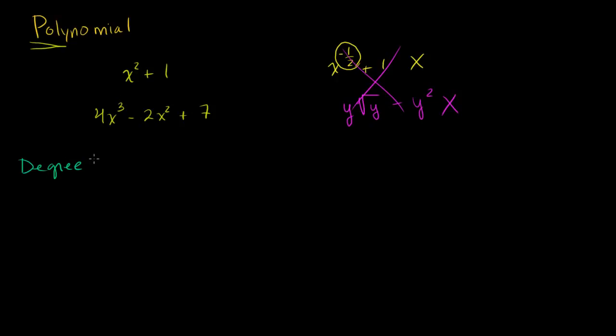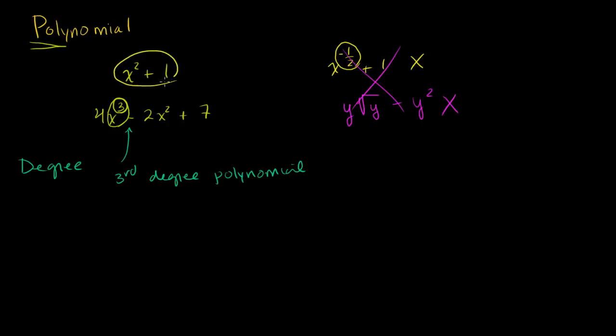So for example, that polynomial right there is a third degree polynomial. Why is that a third degree polynomial? Because the highest exponent that we have in there is the x to the third term. So that's where we get it's a third degree polynomial.